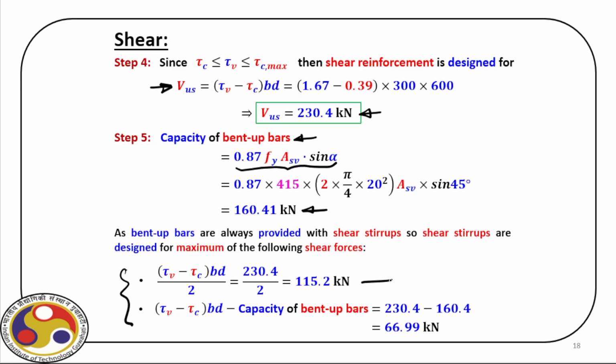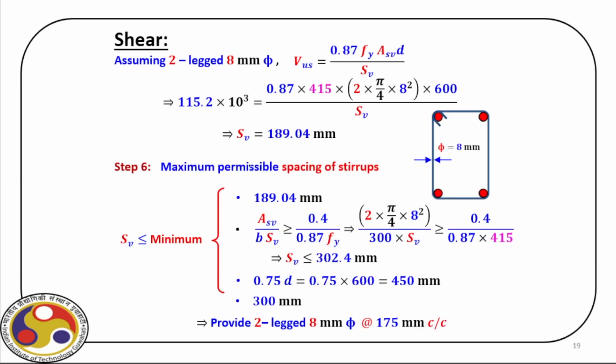So we have this value tau V minus tau C multiplied by BD by 2, that gives 115.2 kilonewton, and then we have this as Vs minus the capacity of the bent up bars. What you see here, effectively it is 66.99 kilonewton. So then what we do, we design the shear stirrup spacing.